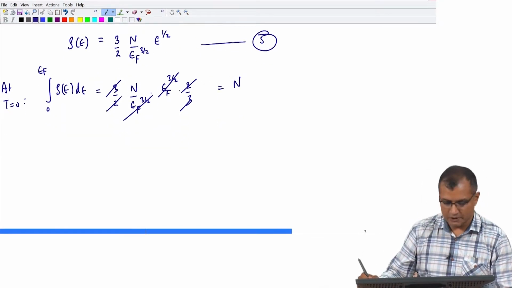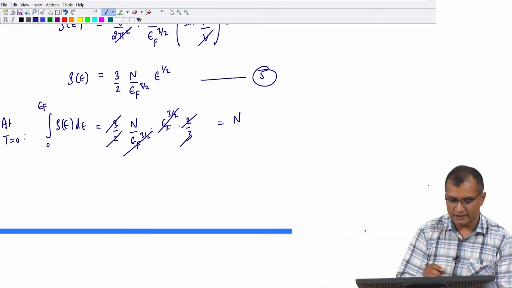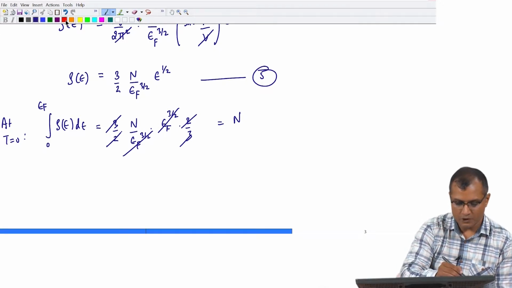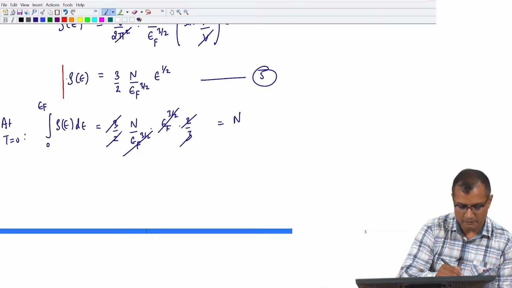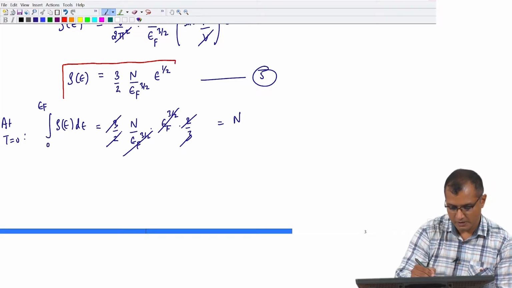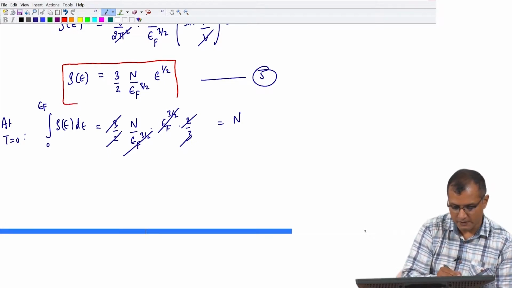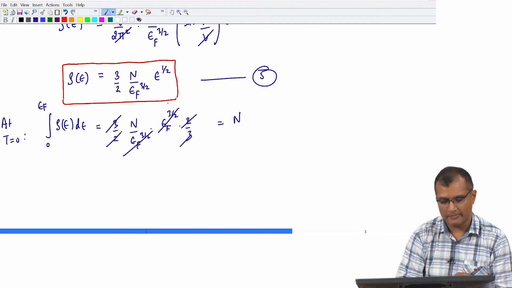Fine. So, now I have my density of states. I am going to compute some very important thermodynamic quantities. So, this is a very important expression for me. Okay.